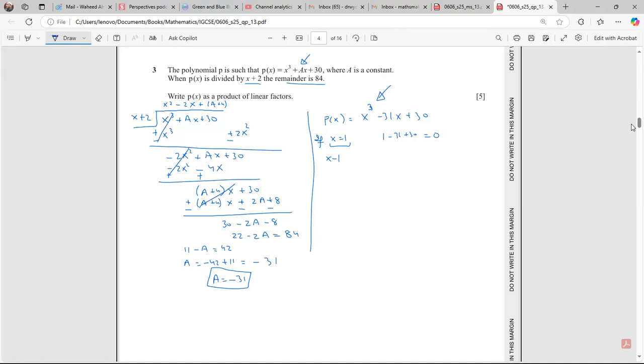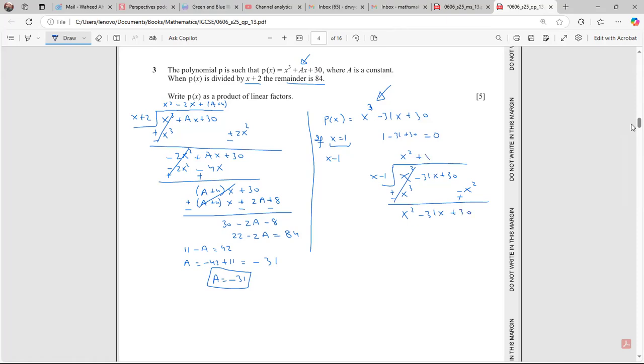Okay, so what can I do now? I will do again long division, x cube minus 31x plus 30, and I divide it by x minus 1. So it will give you x square, x cube, and minus x square. I put it here, minus x square, subtract, plus minus, it cancels, and I have x square minus 31x plus 30.